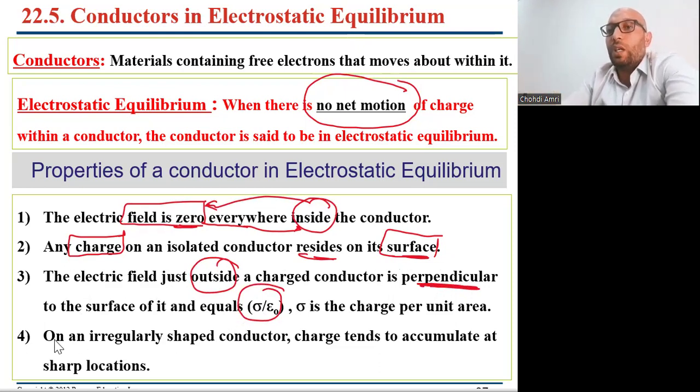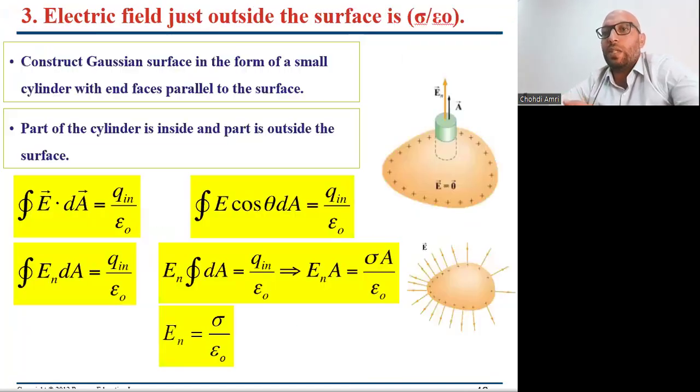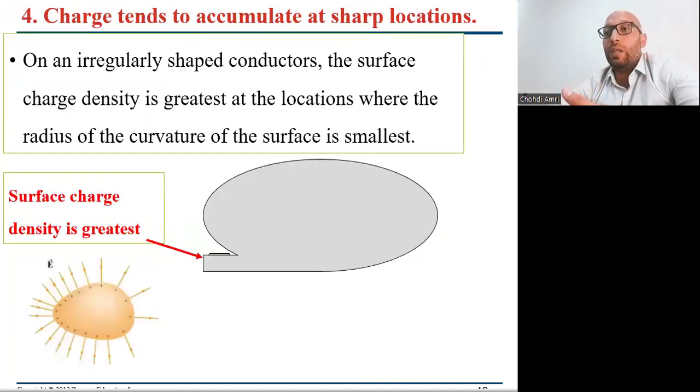The fourth property: for an irregularly shaped conductor, the charges tend to accumulate at the sharpest location. We will take some examples. This is the demonstration of these properties. I would like to skip this demonstration. We just have to understand the properties and know how to apply them.